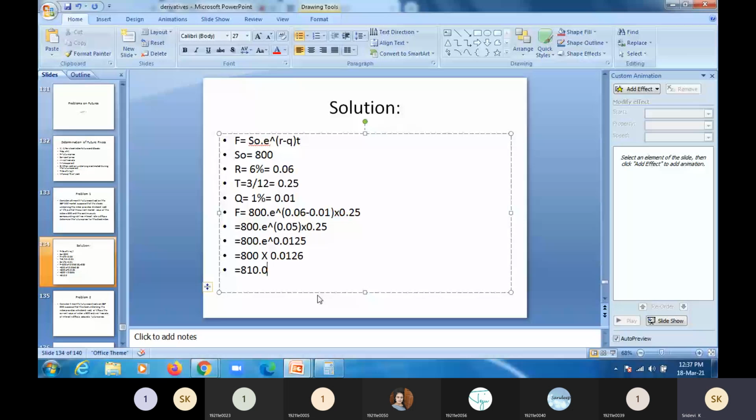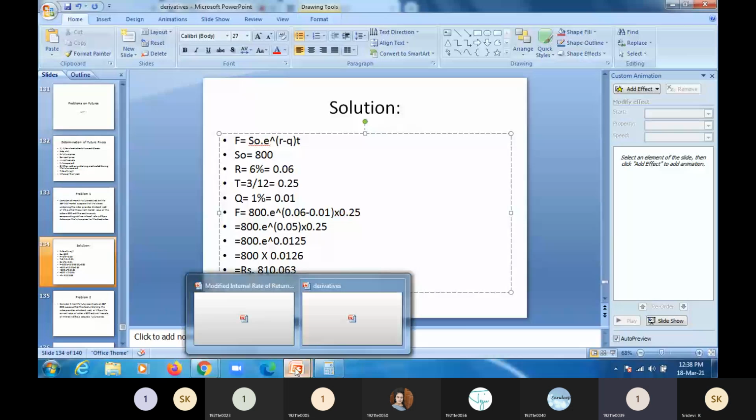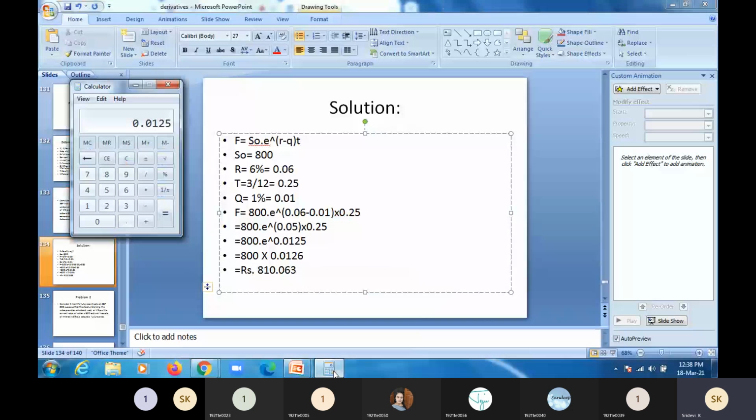So this is the futures price of the contract per 1 unit, rupees 810.06. Ma'am, it's giving 10.06, why? 800 into 0.0126 gives that, and of course you have to add it to 800.